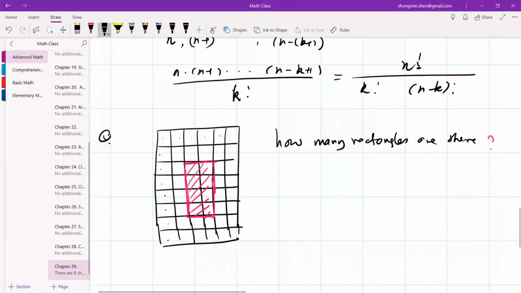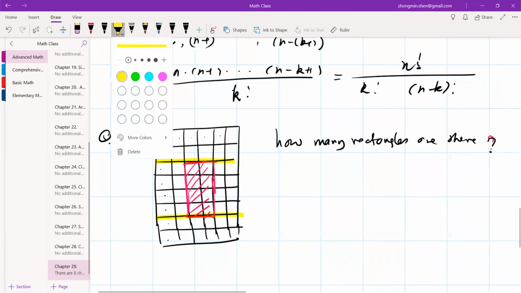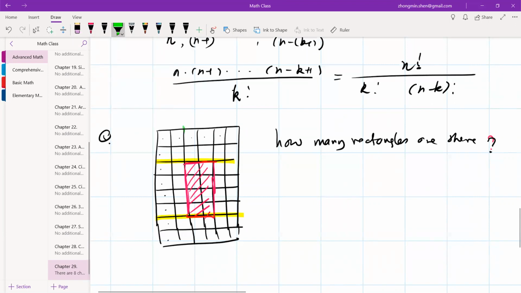You have to change the problem a little bit. To determine a rectangle, you need to determine 2 horizontal lines, and you also need to determine 2 vertical lines. So 2 horizontal lines and 2 vertical lines uniquely determine a rectangle.